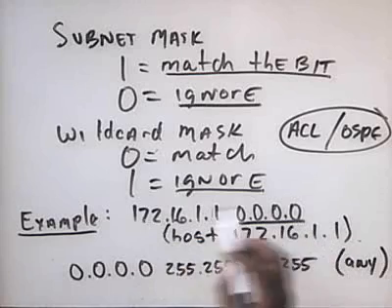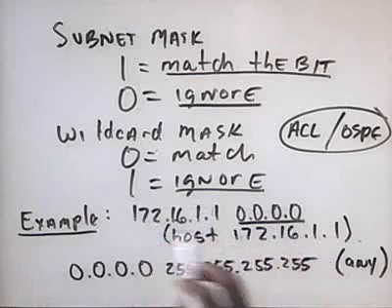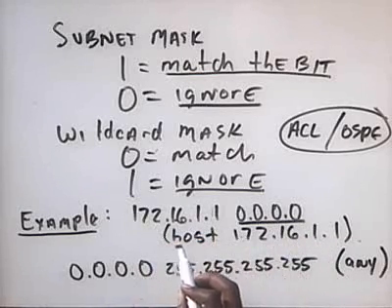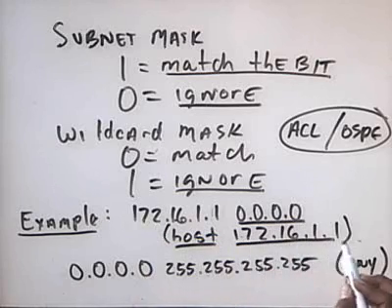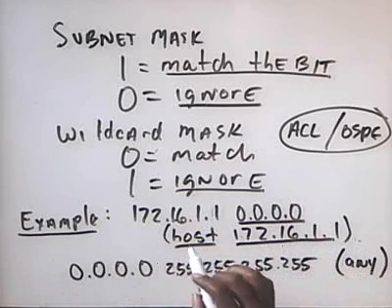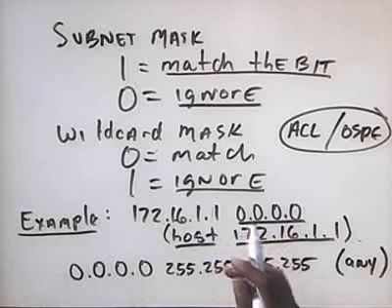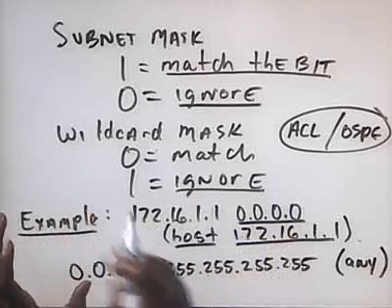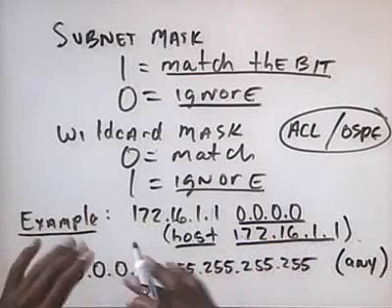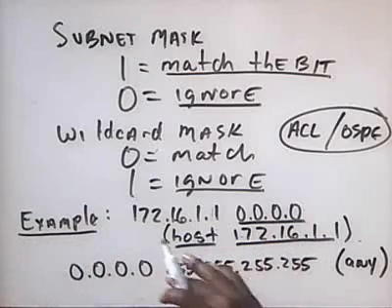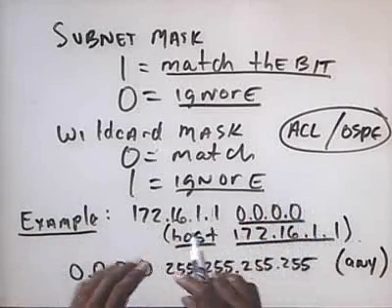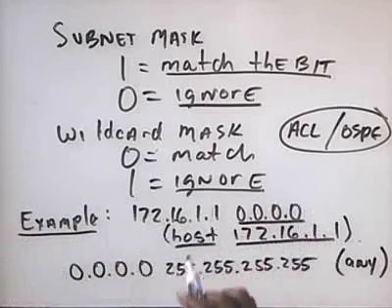We could also abbreviate this address by simply typing in host 172.16.1.1 since we're wanting to specify that particular host. So we would either be denying traffic from that particular host or to that particular host, or we would be allowing traffic to or from that particular host address.